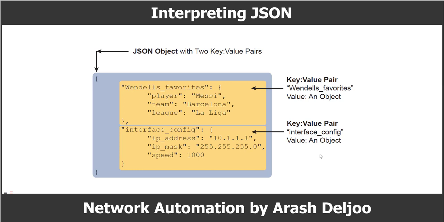What does it mean? It means that inside of each object we have some key value pairs, but instead of a simple value you can use an array, or you can use another object.